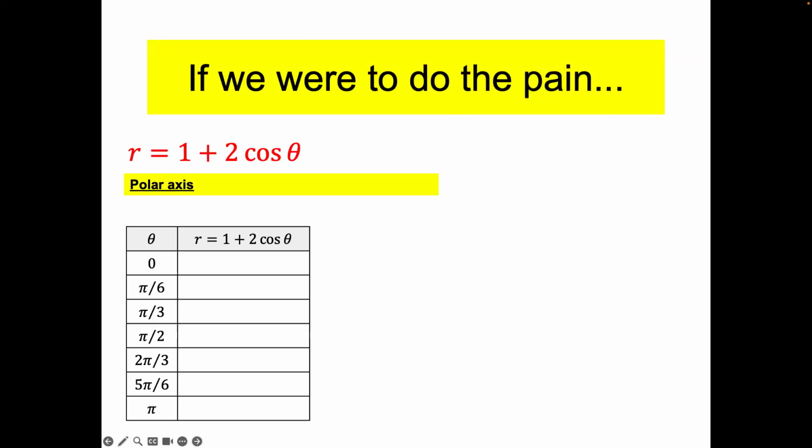All right. Do you know what you're doing? Leaf 0. You can do that one in your head. Cosine of 0 is, what's the x value at 0 degrees? 1 times 2 plus 1. So we get a 3. Winter, pi over 6.